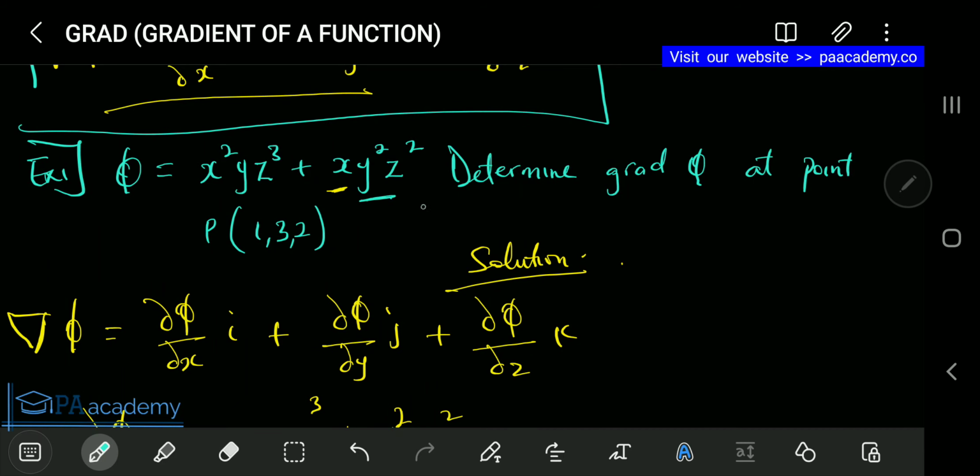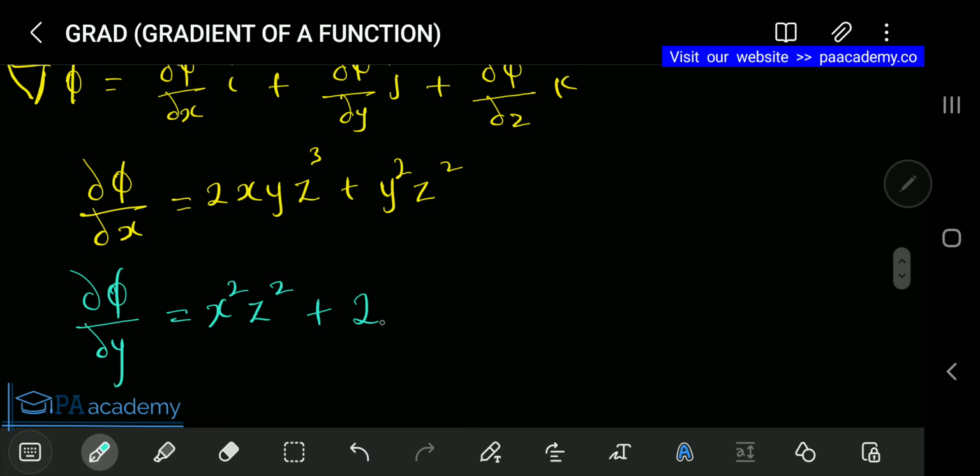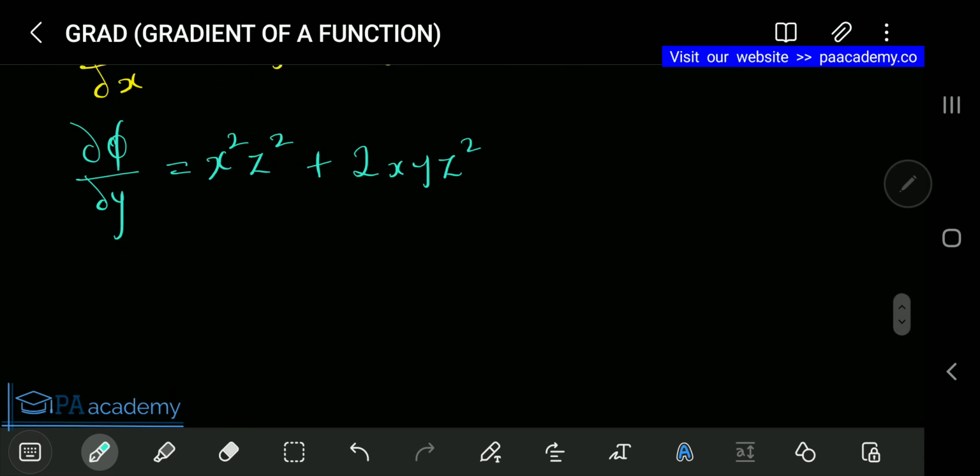If we differentiate y squared, we are going to be having 2y, then the x and the z squared will remain as a constant, so we are going to be having 2xyz squared.